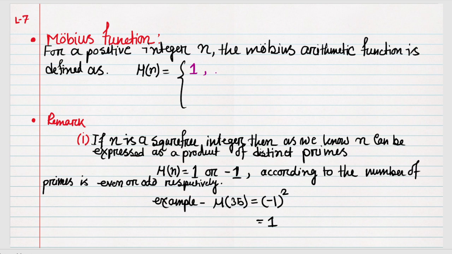The values of sigma of 1, tau of 1, and mu of 1 are always equal for n equals 1. That means if n equals 1, mu of n is 1.